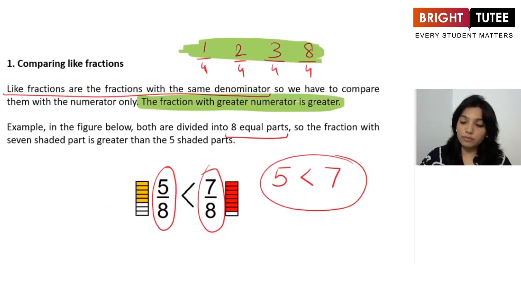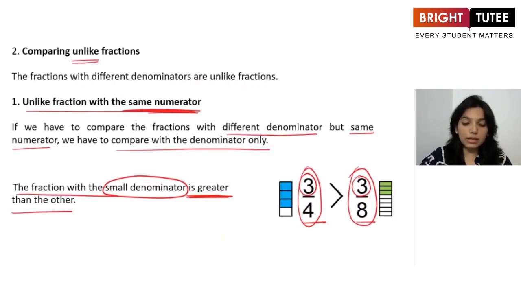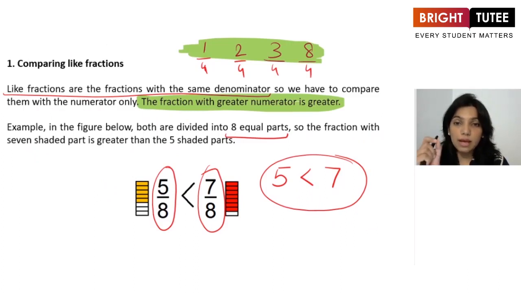Here, when we were looking at the numerators, the numerator which was bigger was bigger. In the unlike fractions, what is the difference? The denominator which is smaller is basically bigger. So keep this in your mind: when you were working with like fractions, where the denominators were the same but numerators were different, the bigger one was bigger.